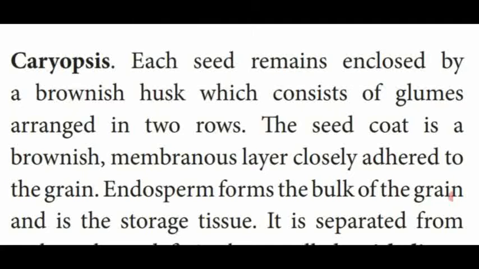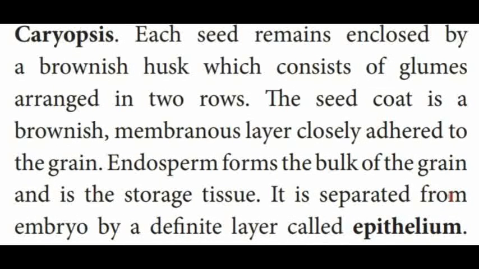which is enclosed by a brownish husk, consists of glumes arranged in 2 rows. That means the outermost layer, the brownish husk that encloses the grain, is named the glume. At the base of the inflorescence axis there are minute hair-like outgrowths called glumes, present in the Caryopsis type of seed.